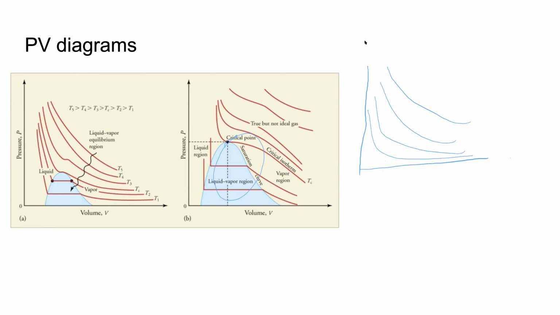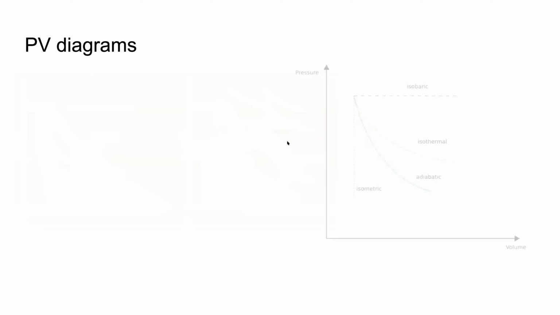So this is obviously not ideal gas, this is the actual real gas. However, this is too difficult to compute, so we use ideal gas in this series, because usually competitions use ideal gas. So yeah, not much to say about that.